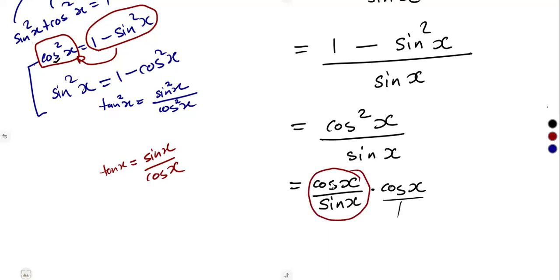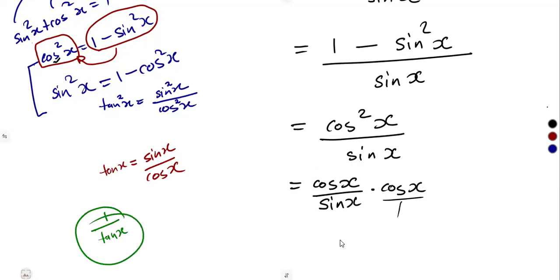This is cos over sine. What do we understand by cos over sine? Cos over sine is 1 over tan, the reciprocal. Let's go back to our basic mathematics. 1 over tan x means the reciprocal of tan.